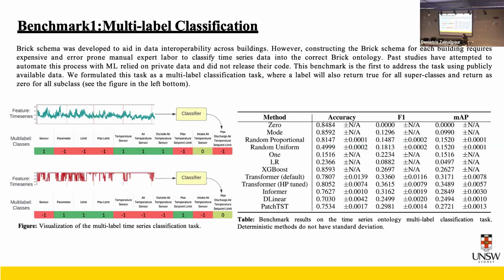Yes? In this multi-label classification task, what is the total number of different classes? Yeah, so here's a good example. You have this classifier, you have the time series, and you need to classify whether this is a sensor or not, for example, and whether it's temperature; if it's temperature, is it an air temperature sensor, is it outside or inside?